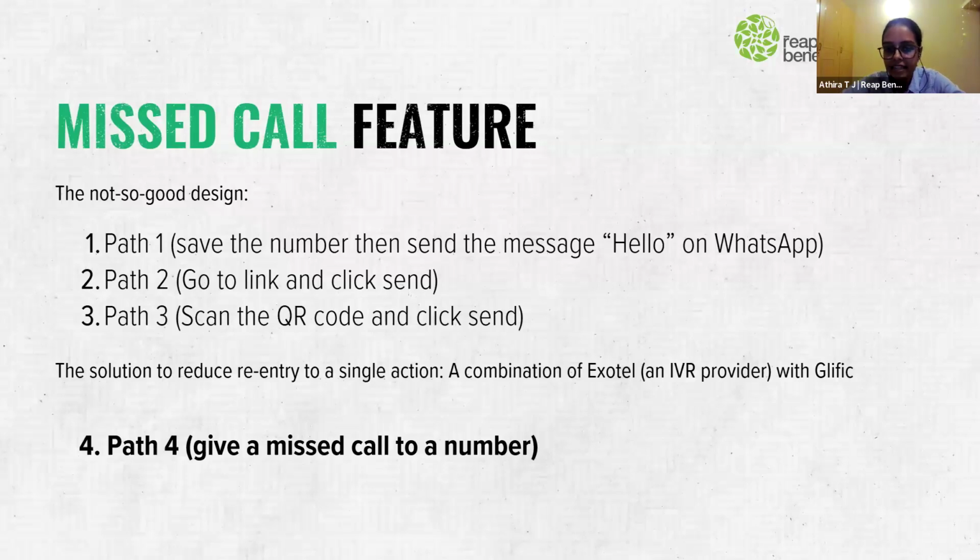So if I set up call forwarding in the Sol Ninja Mentor chatbot to the Exotel number, Exotel actually calls an API in Glific and then sends the first interacting message to the user, which then onboards the user. I will show a demo of this soon after this.